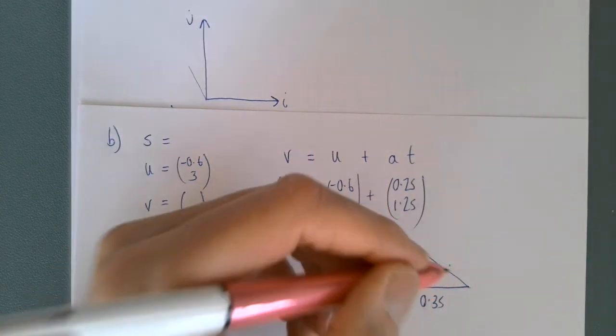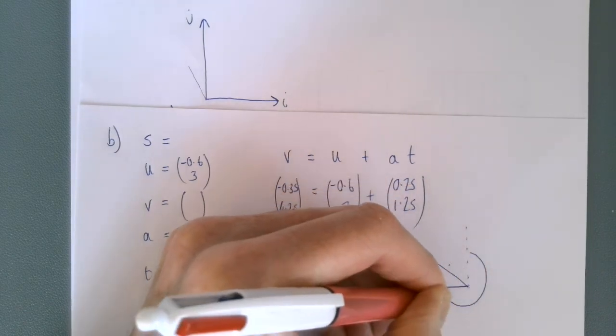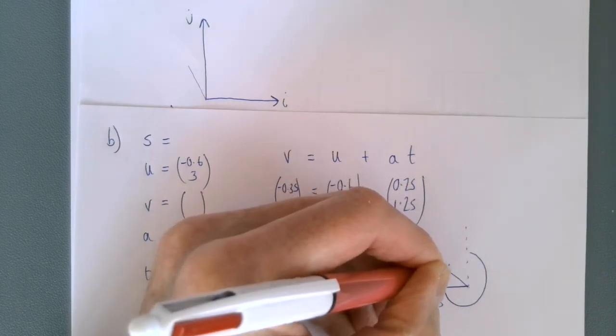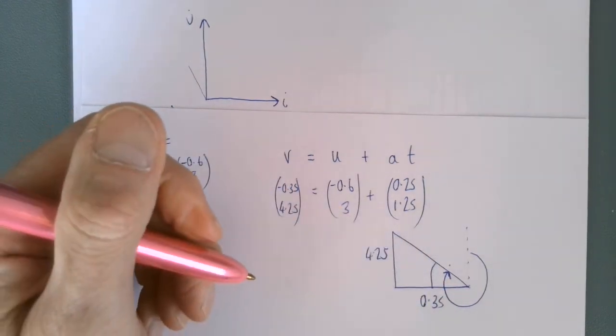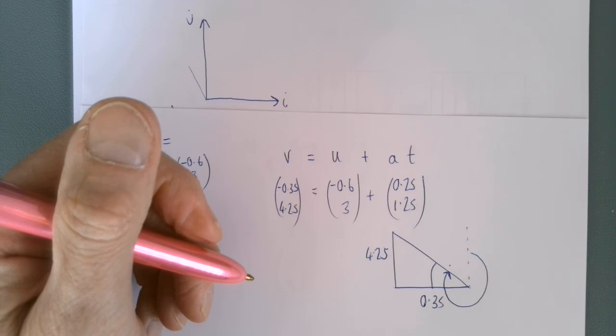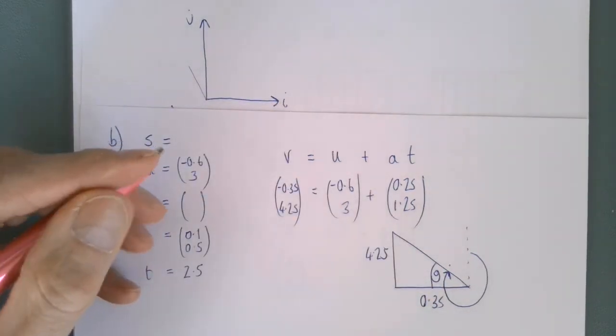Now remember, a bearing is the angle clockwise from north. So if I use shift tan to work out that angle, I need to do 270 plus that angle. So I'm going to work out that angle there.